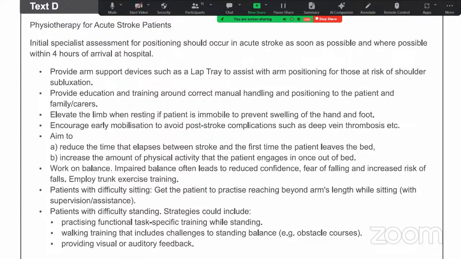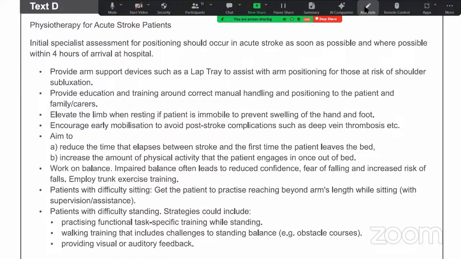Partial dislocation. See there. So here, physiotherapy for acute stroke patients. So they got a stroke and a dislocation, that means it is acute. Try to understand.